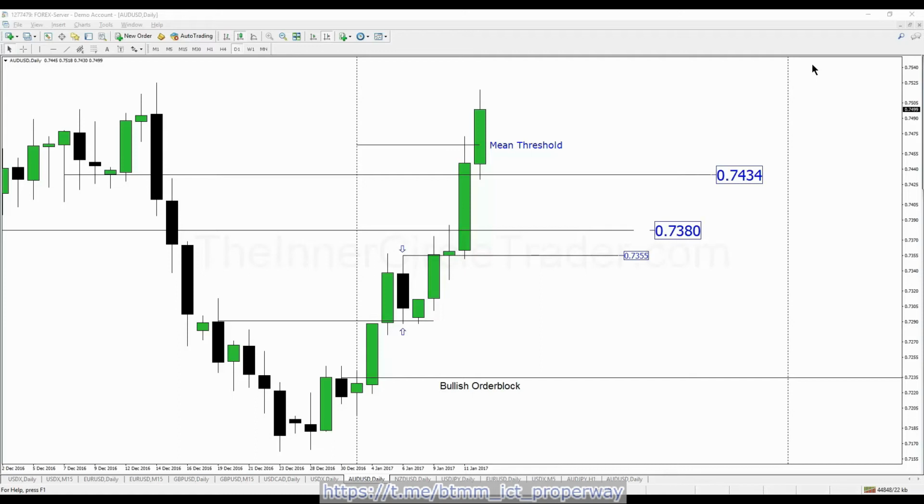Price has moved from 73.80 to 74.34 yesterday.